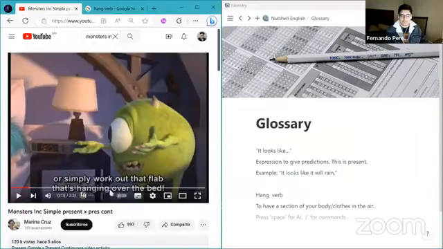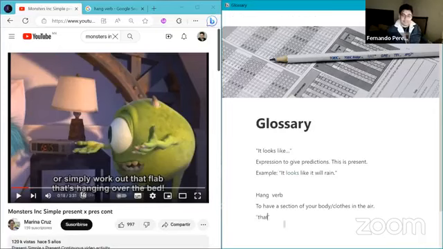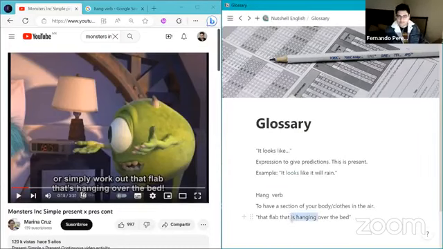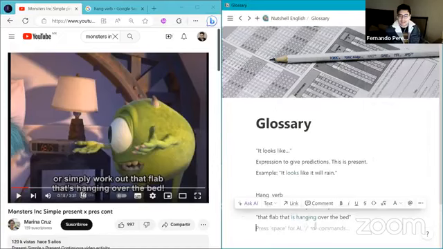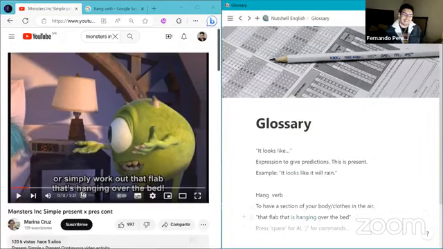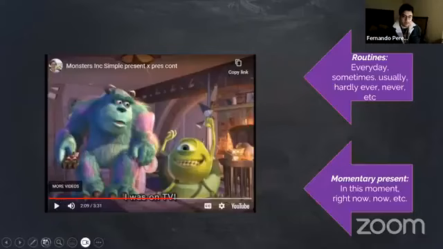The example that we have here is that flap that's hanging over the bed. That's is the contraction for that is. And the formula number 2 is the one that we have here. The verb be.